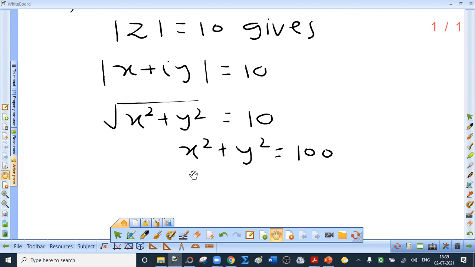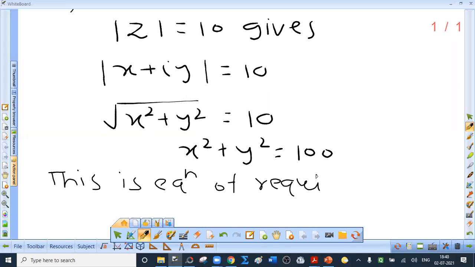But even if you do not mention, because at present you are not supposed to know that this represents a circle, because we'll be doing circle in second semester. So you are supposed to write this is the equation of required locus.